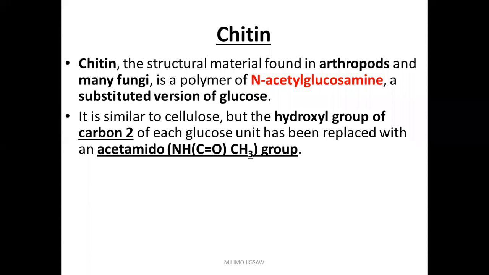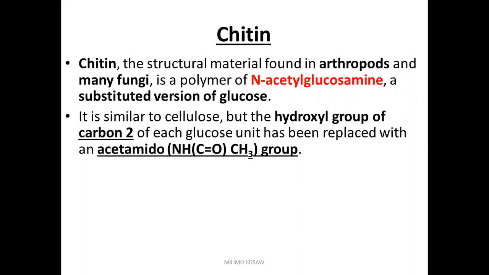It's a polymer of N-acetylglucosamine, which is a substituted version of glucose. Chitin is similar to cellulose, but it has the hydroxyl group at carbon 2 of each glucose unit replaced with an acetamide functional group.